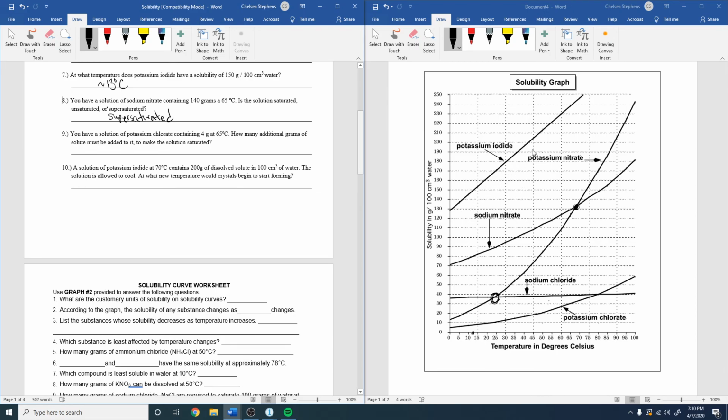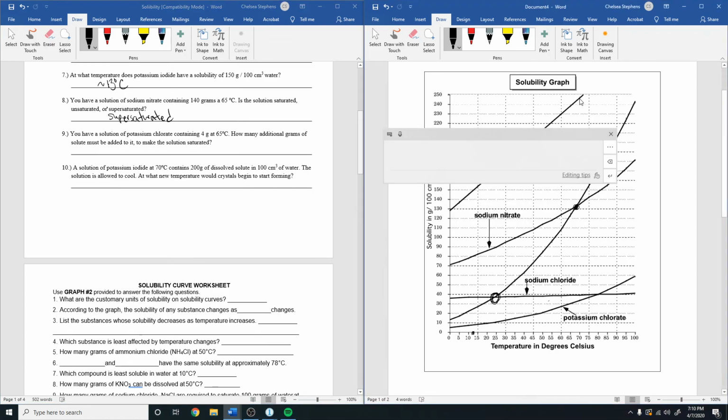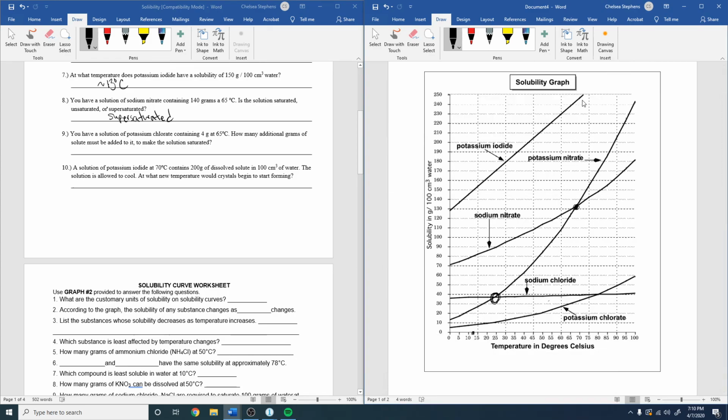Potassium iodide, here we go. At 70 degrees, it contains 200, while it can actually hold about 240, 245. But it's saying there's only 200 in there. But they're cooling it down.